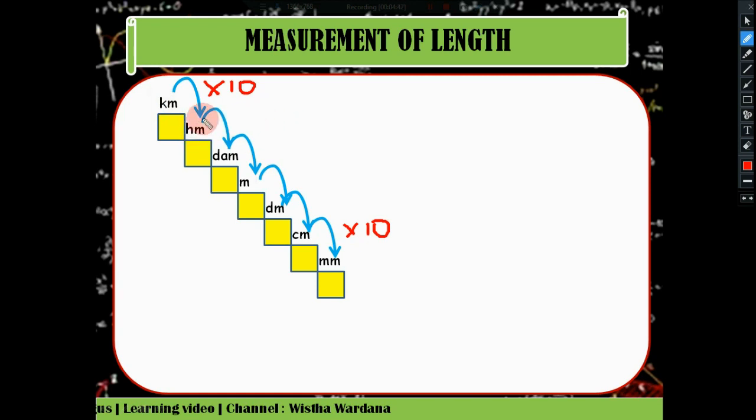And if you have 1 kilometer and would like to change it into meters, you have to multiply by 1000, because you multiply by 10 and by 10 again and by 10 again. So the total is multiplied by 1000. That's why 1 kilometer equals 1000 meters.